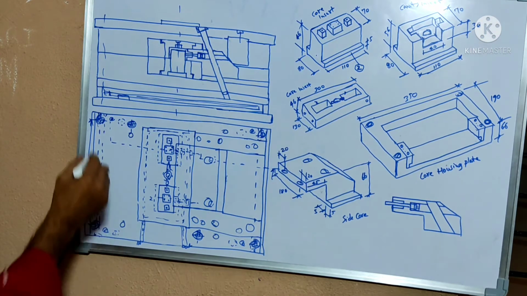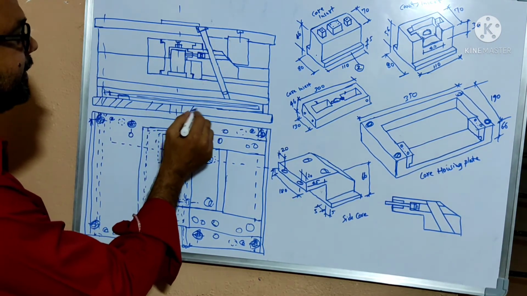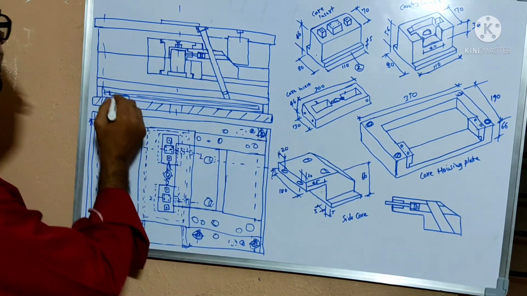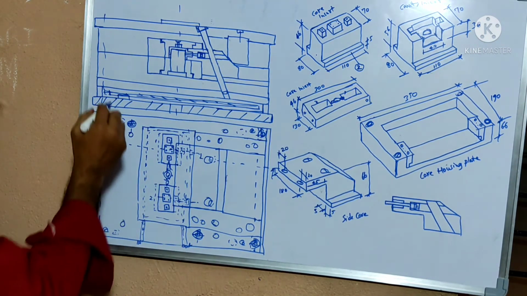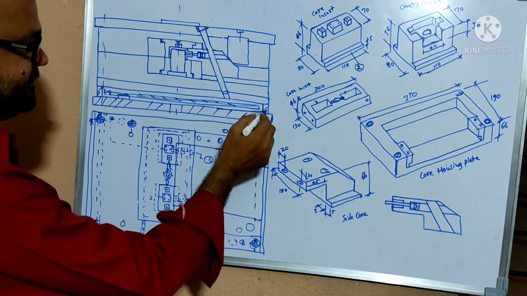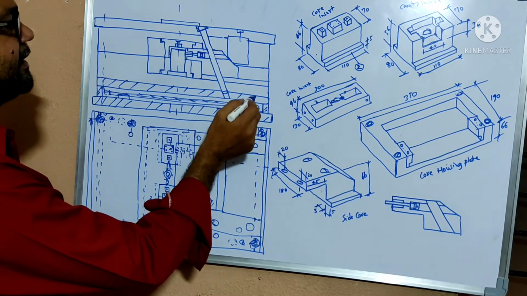While sectioning, you are going to see this one, and this is the bottom plate, and this one is the ejector assembly plate, and spacers, and then the back plate is placed.